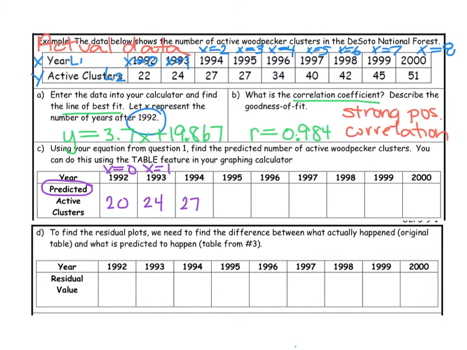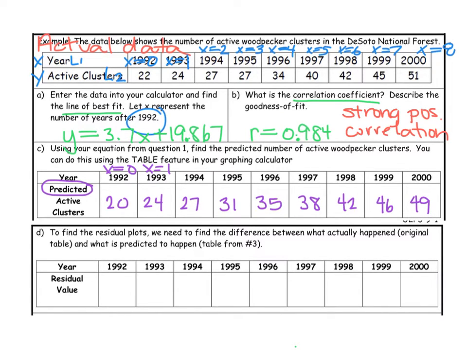In 1994 we estimate 27. Then 95, 96, 97, 98, 99, and the year 2000. And then we can go beyond that. We can see in the year 2001 how many active woodpecker clusters we can expect to see in the DeSoto National Forest.